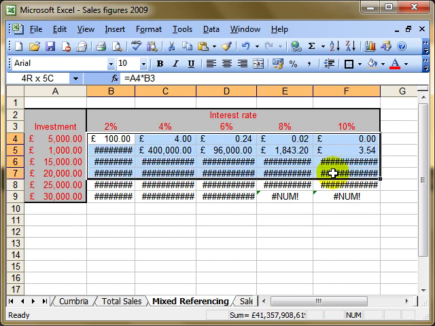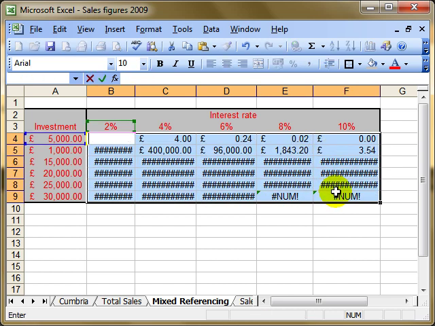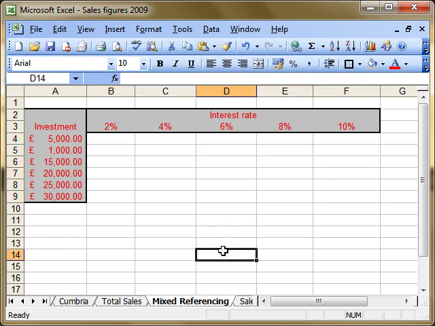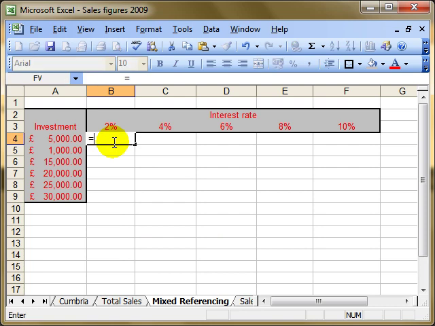Aha! Now, we know that though, don't we? Because we've worked with absolute cell references. So it must be an absolute cell reference we need. Let's try that again with absolute cell references. Equals A4. Now for absolute cell references, we use the dollar sign, don't we, to lock things.